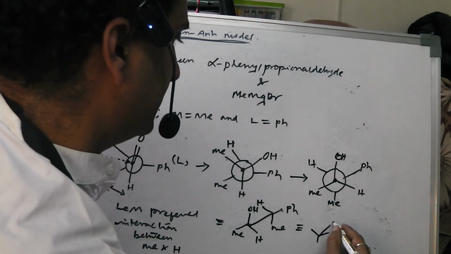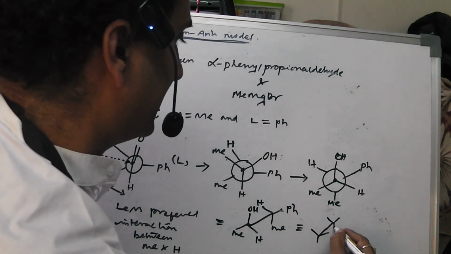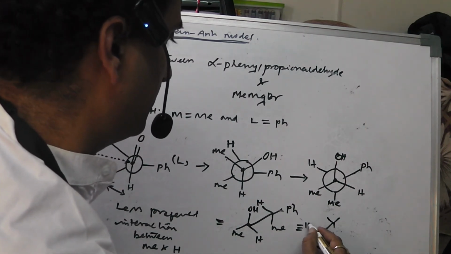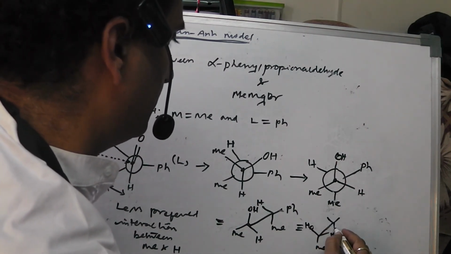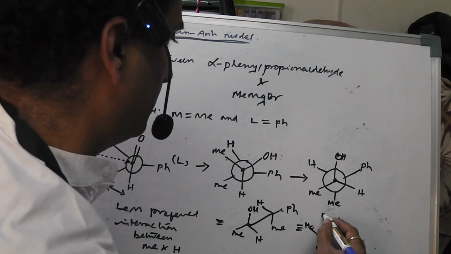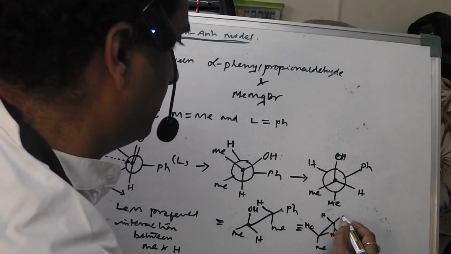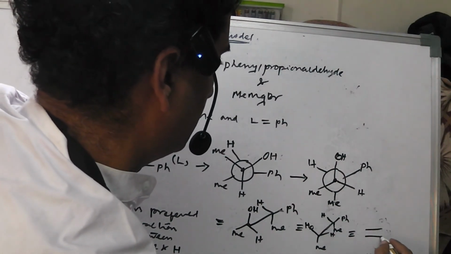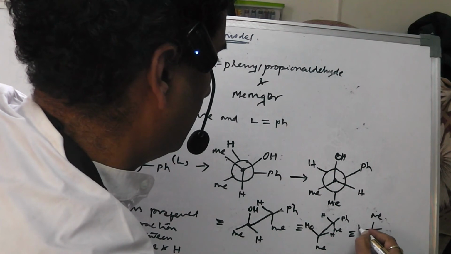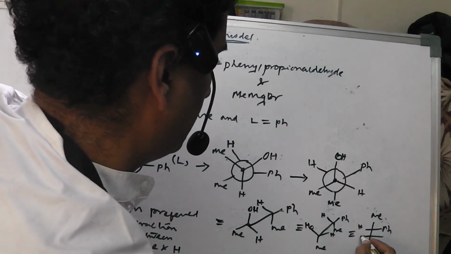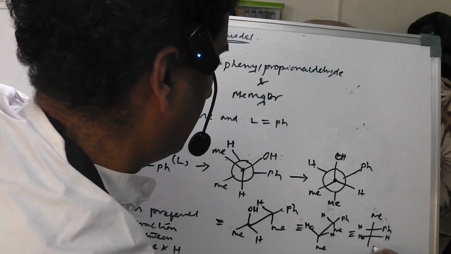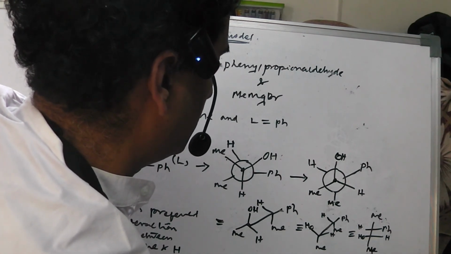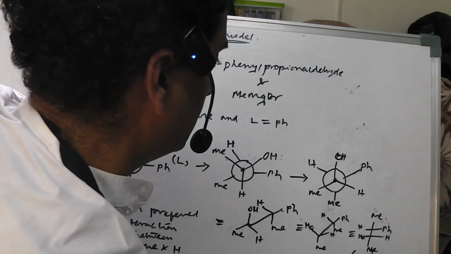Sawhorse staggered, now Sawhorse eclipsed. So this is equivalent to the threo structure, the minor product.